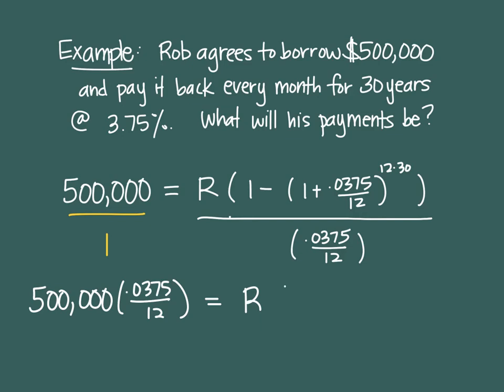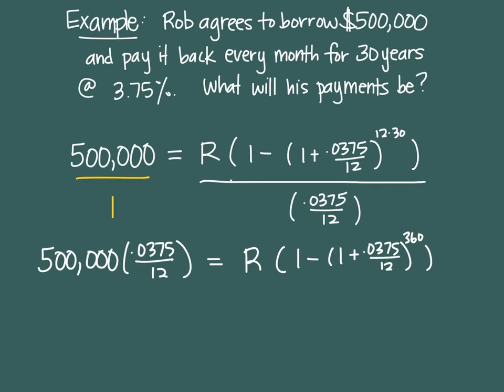And then R is going to be by this other thing to the 360. I'm going to do that because I figured out the math. So you'll want to do that cross multiplication, right? $500,000 times 0.0375 divided by 12. That comes out to be 1562.5.